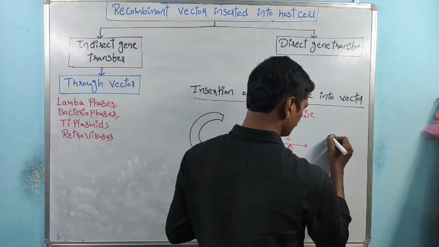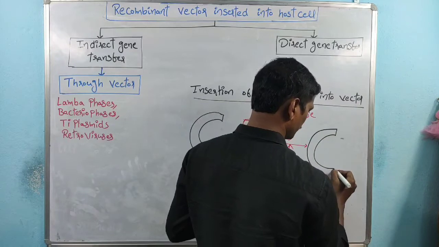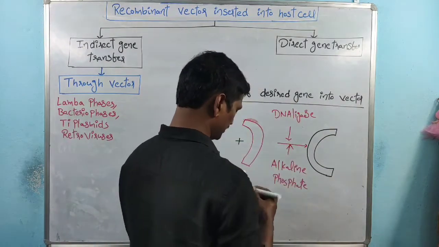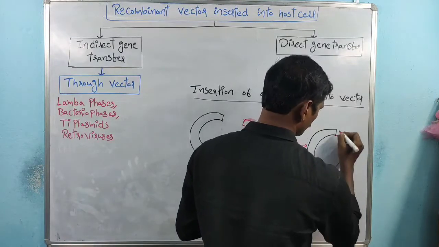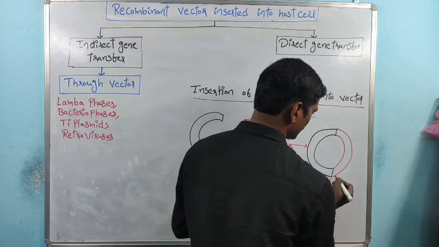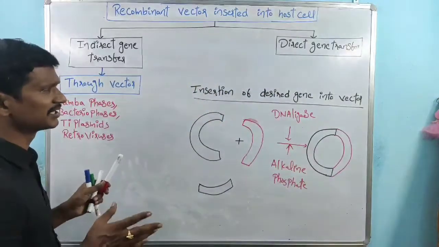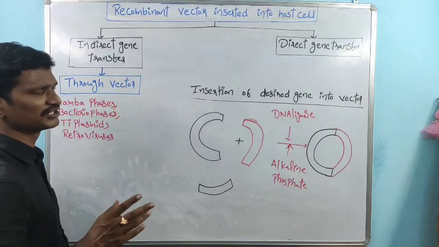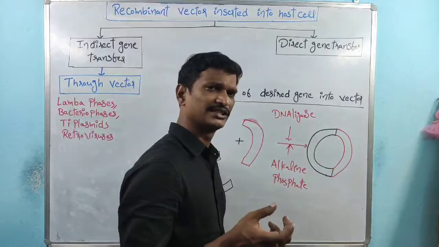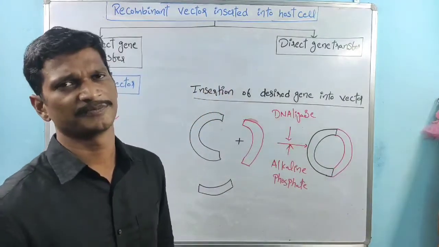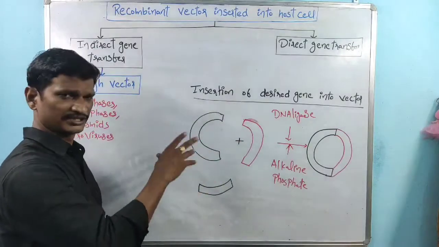In that case, this is the plasmid part, and this is the desired gene part. In this way, the desired gene is added. So this step is completely related to the insertion of the desired gene into the vector, that is nothing but ligation of the desired gene.